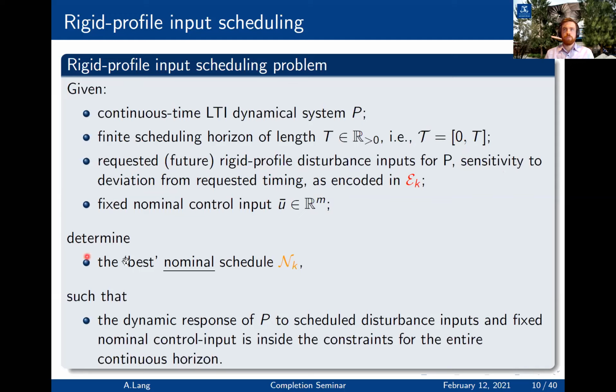The aim is for the scheduler to determine the best nominal schedule calligraphic N such that the dynamical system P responding to the scheduled disturbance inputs and the fixed nominal control input is within the constraints for the entire continuous horizon. Where best here is about minimizing the user sensitivity for the system.